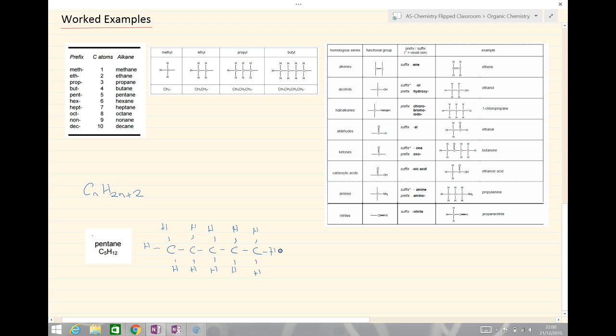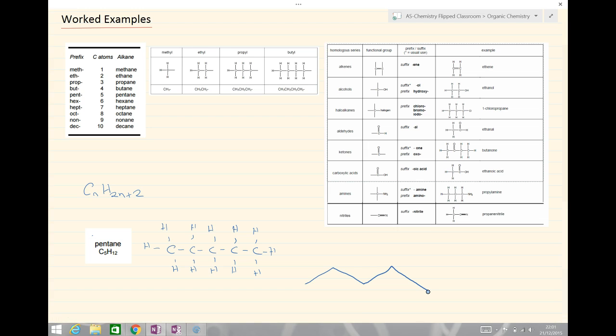Our skeletal formula this time will be, and we have to remember that the first point of our pent is the first carbon, so we've got 1, 2, 3, 4, 5. There is my skeletal drawing of pentane.